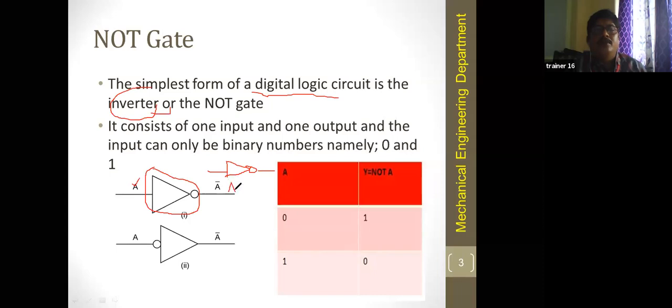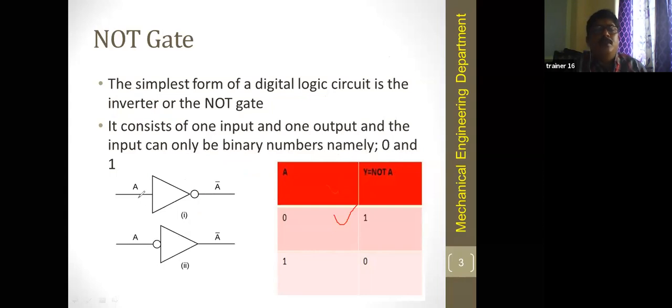This is one of the mathematical operations. This table is what we call a truth table.